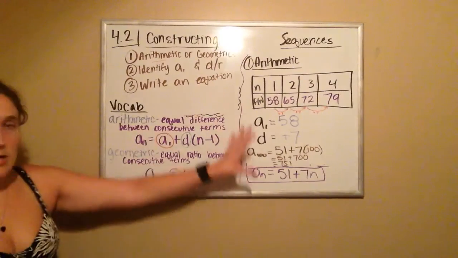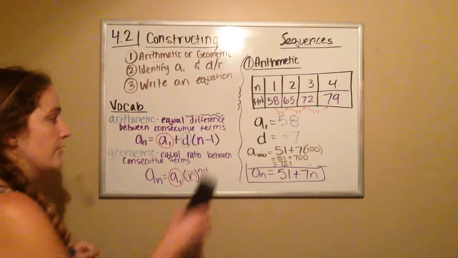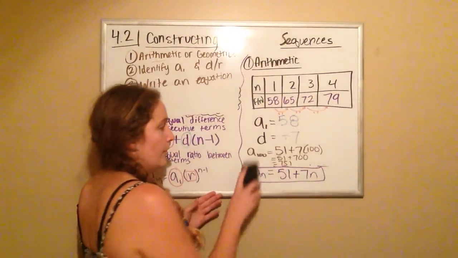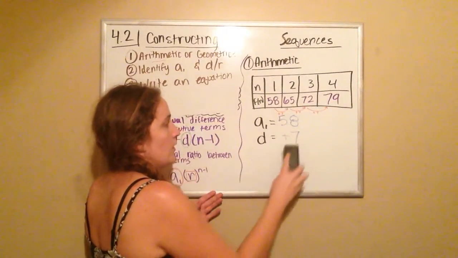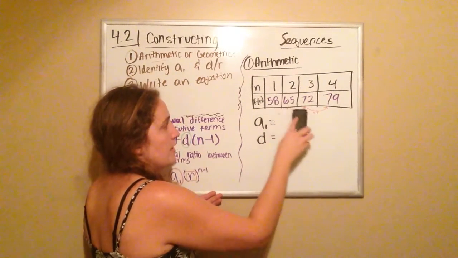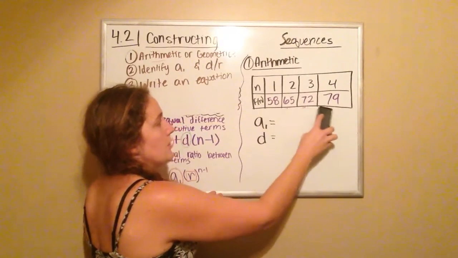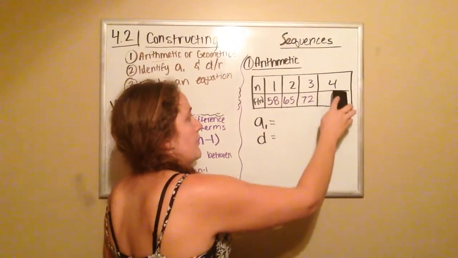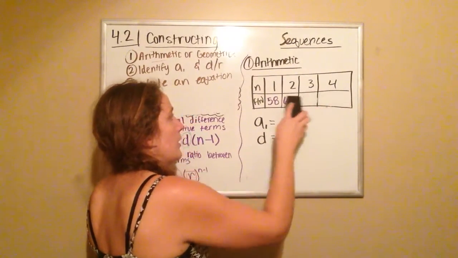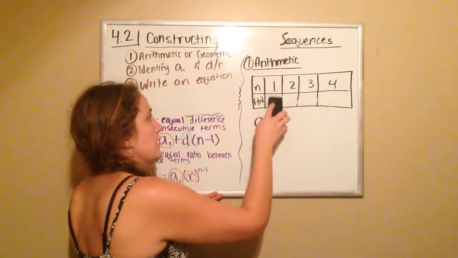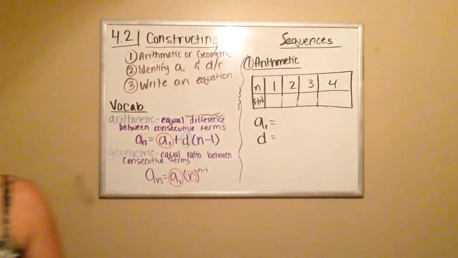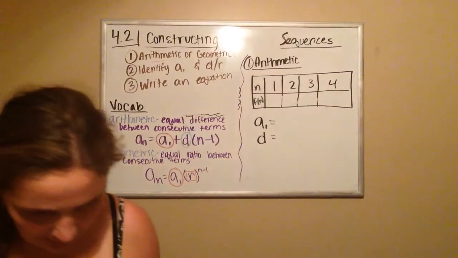Okay, I'm going to erase this so I can give you one to work on, so if you still need it, pause the video. Alright, I'm going to give you one in the exact same format. I'm just going to give you a different sequence, and I want you to try and write the equation. You can use our steps, and I also am going to give you a certain term that I want you to find.